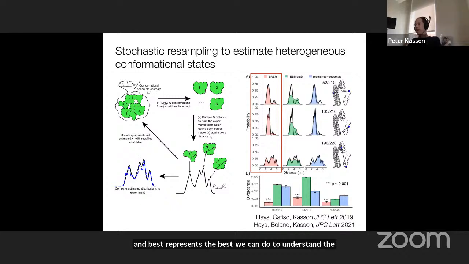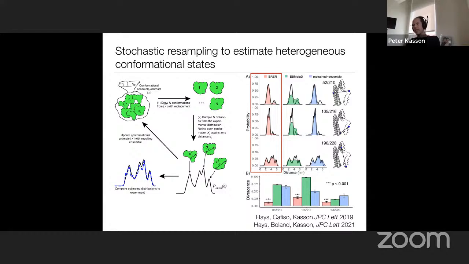So that's some of the motivation. One of the methods that we developed, and again, this is more a physics-based inference, is to be able to estimate these heterogeneous conformational states based on sparse distributional data.